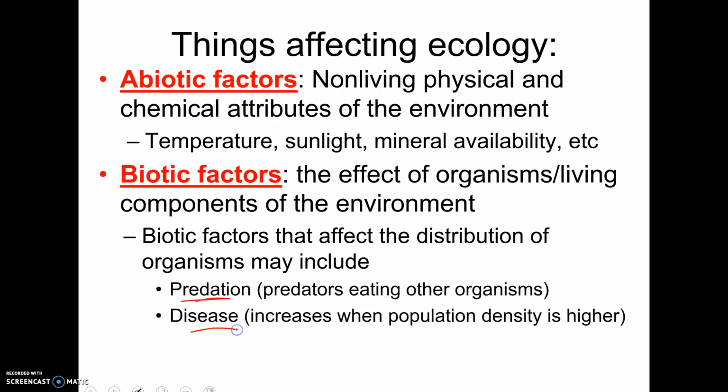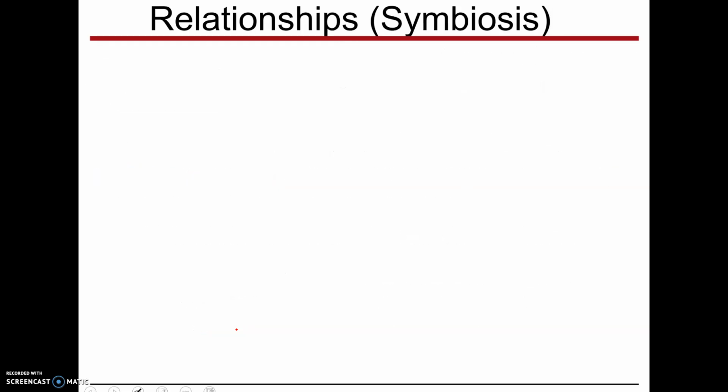Disease can also be a biotic factor, because when it gets very crowded, it's more likely that organisms can pass diseases around and they spread much faster. That's why in cities, if there's an outbreak of something, it's typically going to spread a lot faster than in a rural community. It's the same concept. So abiotic and biotic factors both affect what kinds of organisms can live in an area, how crowded that area might be, what kind of life can be sustained there.